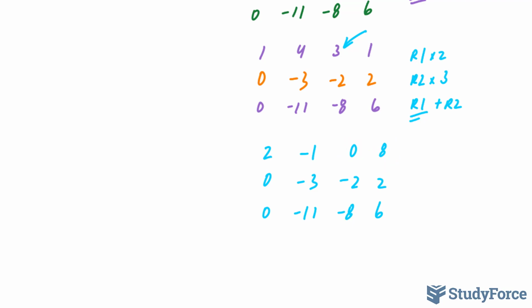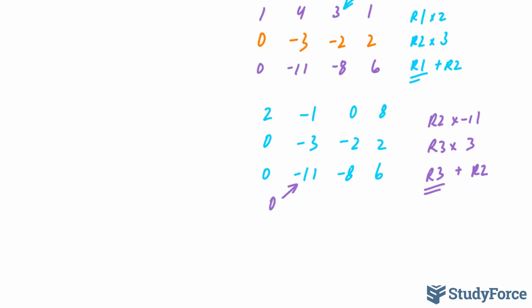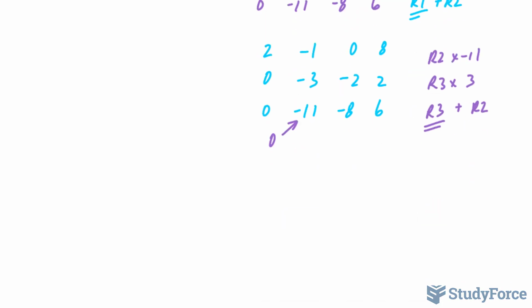Our next target is to make this negative 11 into a 0. And the way you can do that is multiply row 2 by negative 11, row 3 by 3, and then add row 3 with row 2. This will be the only row that changes. Let's rewrite row 1 and row 2 the way they were.